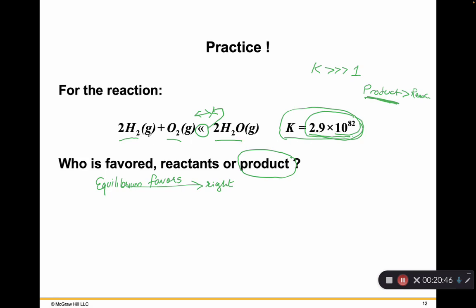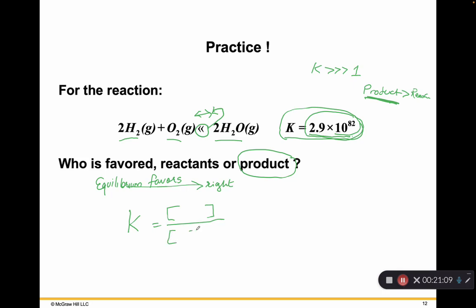If the question asks you, give me the equilibrium constant expression for this reaction, let me add one more question here. If the question is something like that, then how do we answer? We write K equals, I have to write the product on the top and the reactants on the bottom.